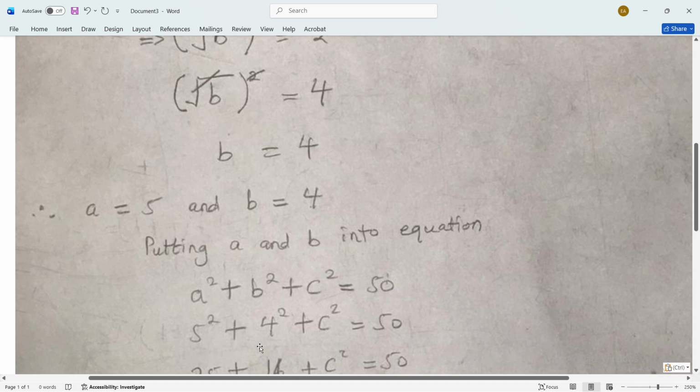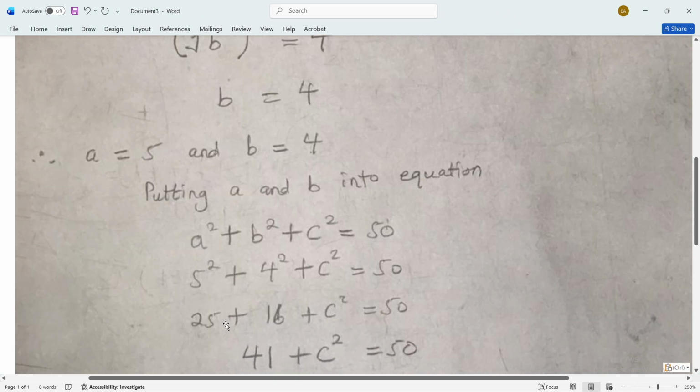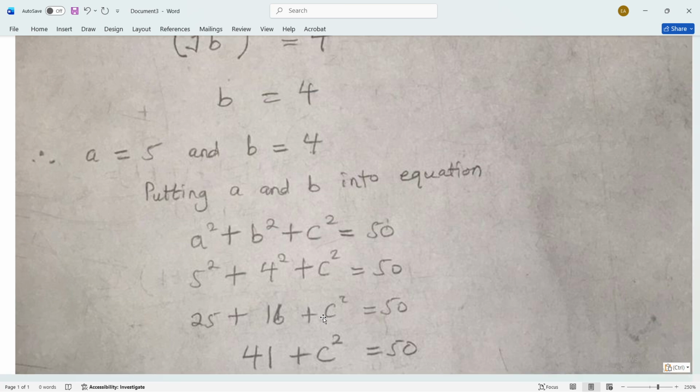So we are going to have 5 squared plus 4 squared plus c squared equals 50. 5 squared is 25, plus 4 squared is 16, plus c squared is equal to 50. So 25 plus 16 is 41.